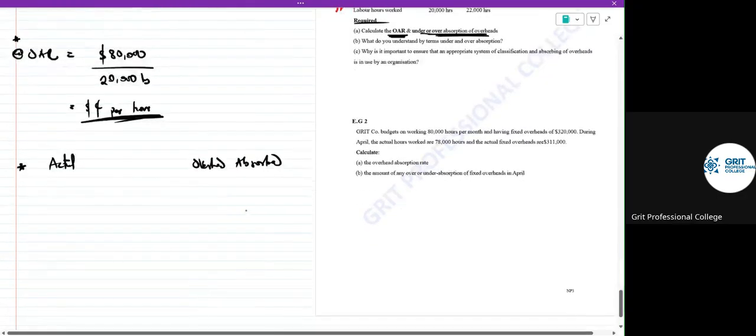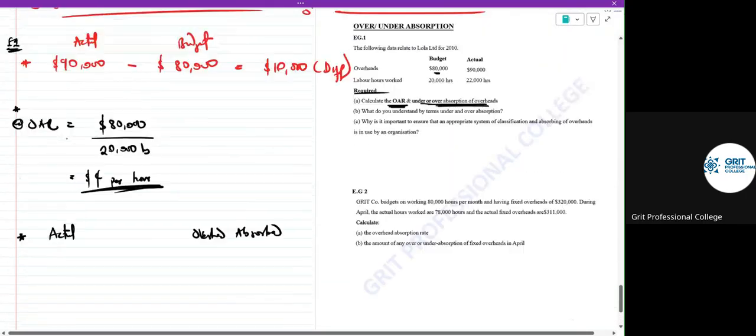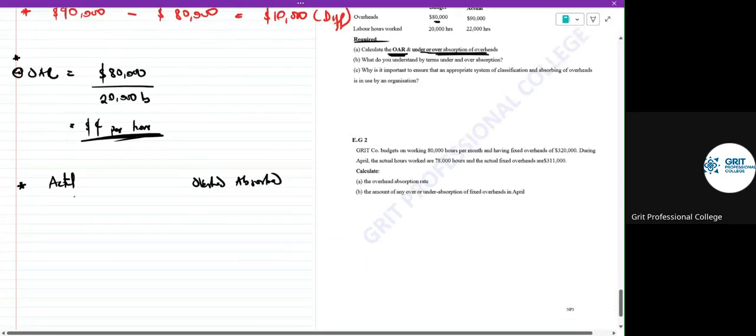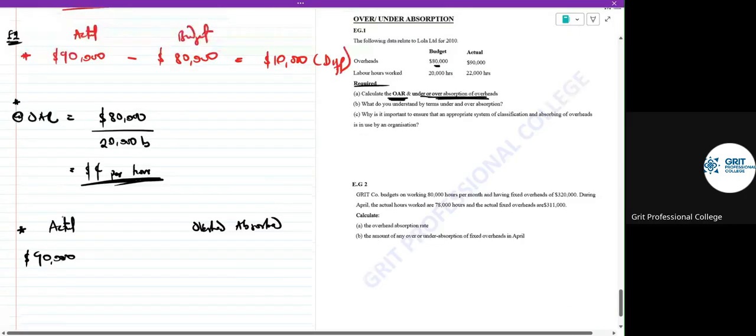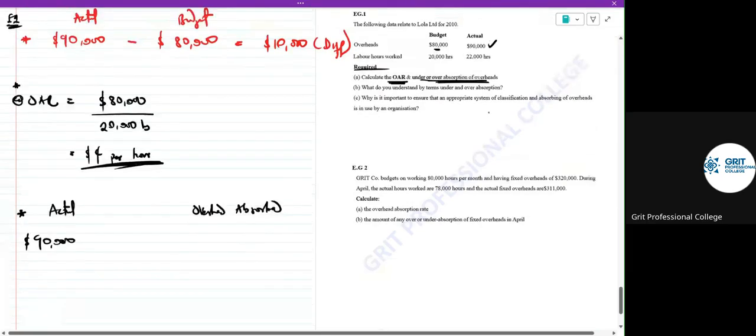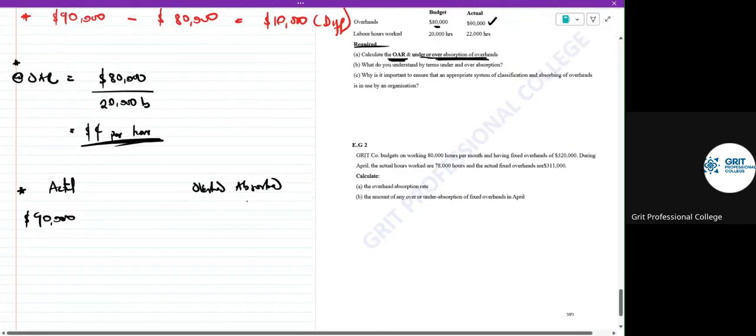The actual cost, which is $90,000, we already know.